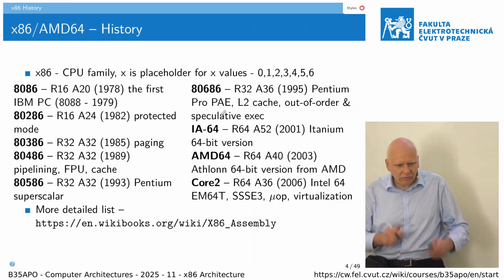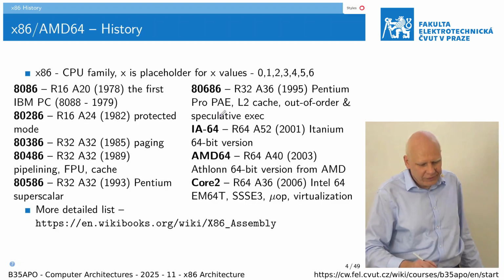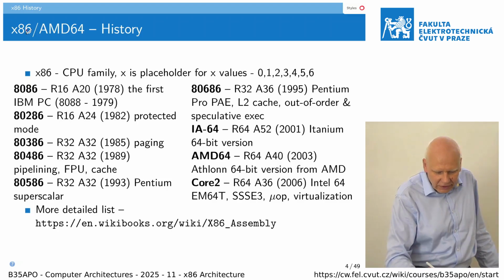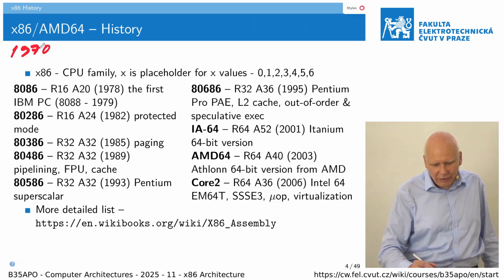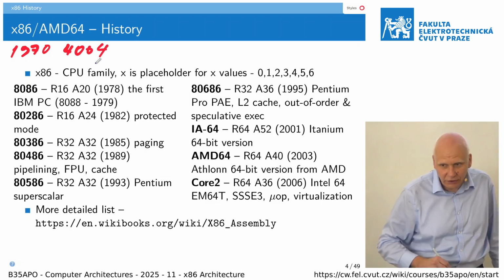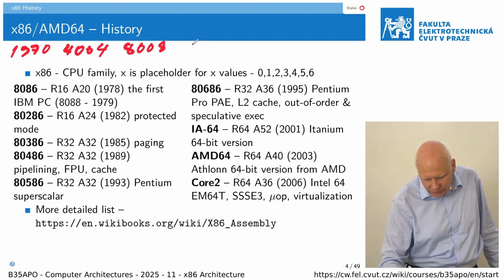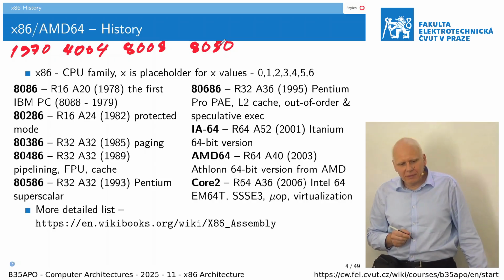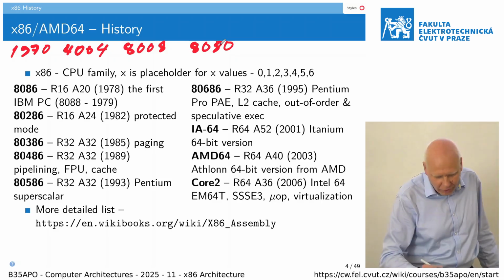If you look at the x86 architecture, then its initial versions can be traced to 1970, where Intel started with the 4-bit 4004 processor. Then it has been extended to 8-bit, then to 8-bit with some additional features. And then a time came when they decided that they need to switch to something more powerful.